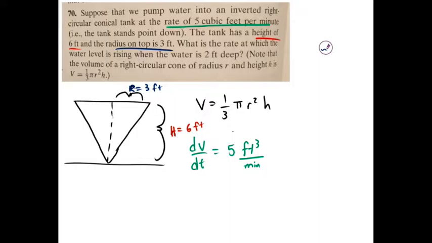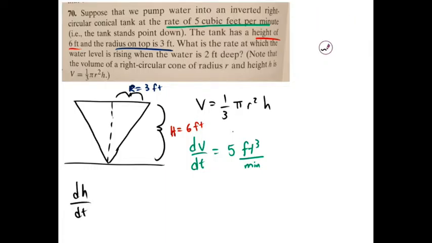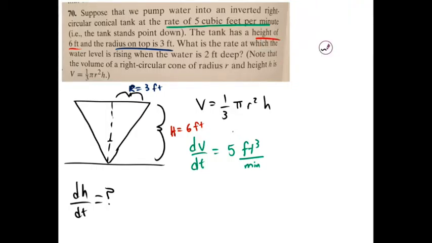We're trying to find the rate at which the height is changing, so we're looking for dh/dt when the water is 2 feet deep. So the current height h is 2 feet.